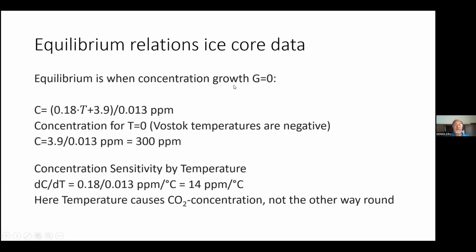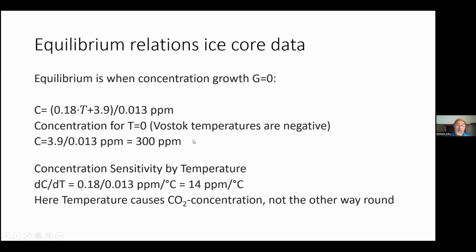We can look at the equilibrium relations when we have zero emission growth. Then we get this relation between concentration and temperature. For T equals 0, we get 300 ppm as a zero concentration.